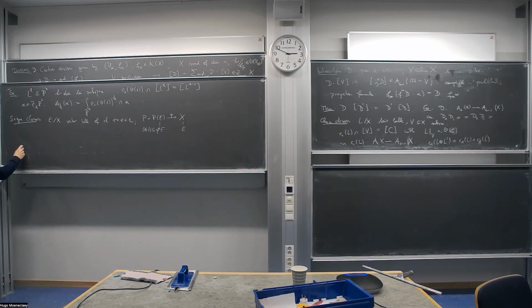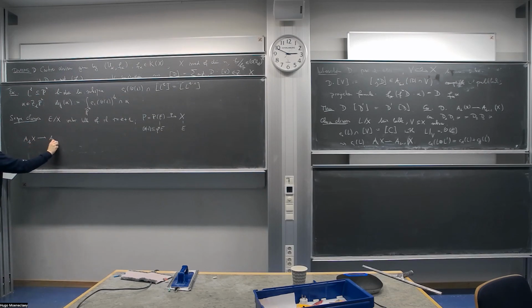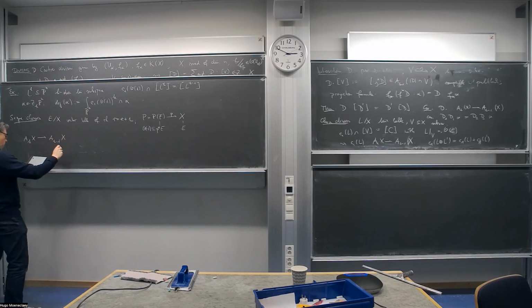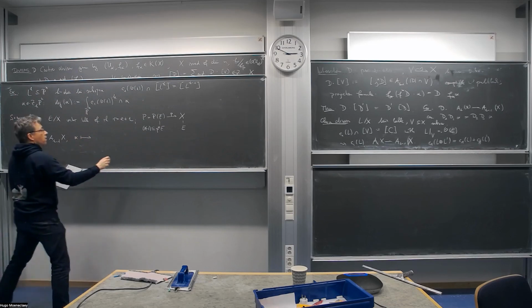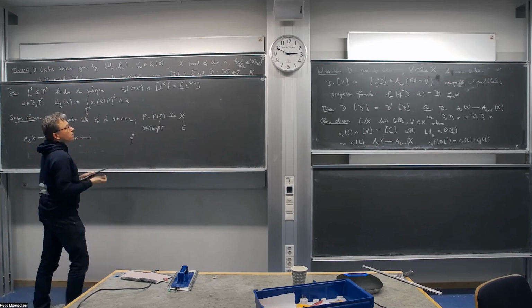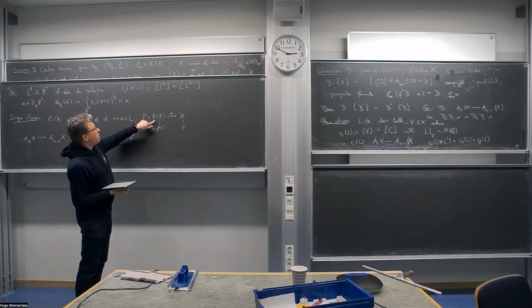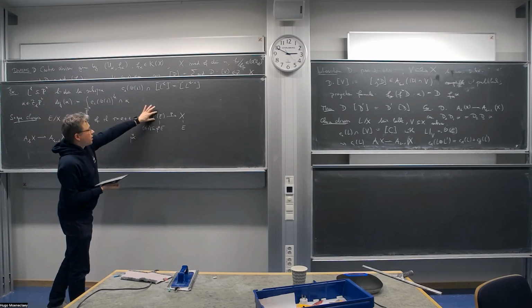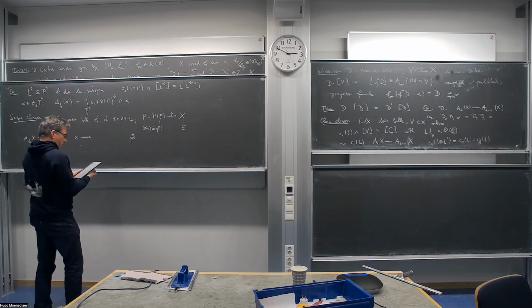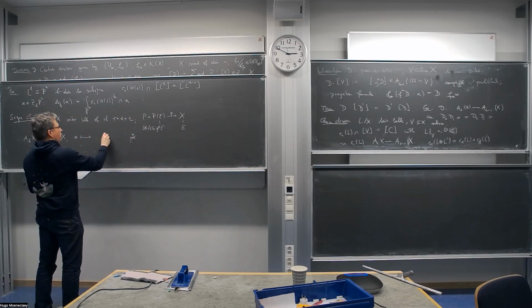And now we consider the following iteration. We take a class alpha in A_k on X and go to a class in A_{k-i} on X by the following operation. We take alpha and pull it back; this morphism is flat, so we can pull it back. Now we are on the projective space, where I have a bundle, namely O(1).